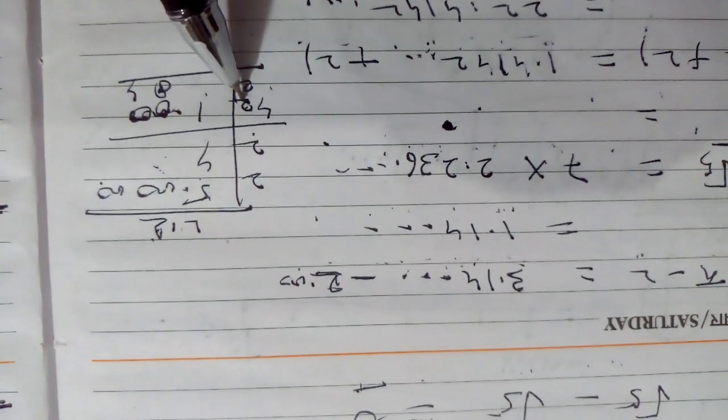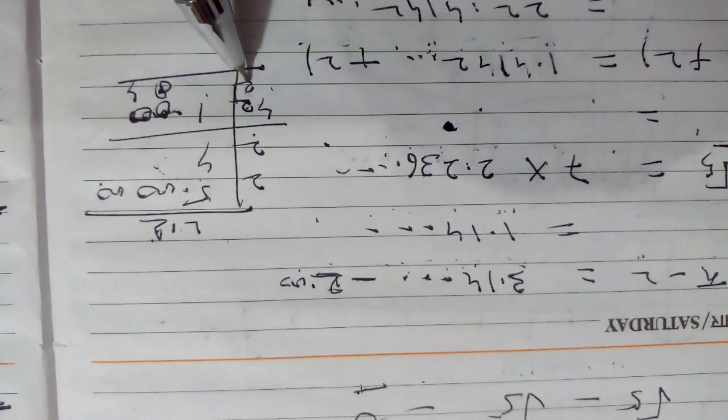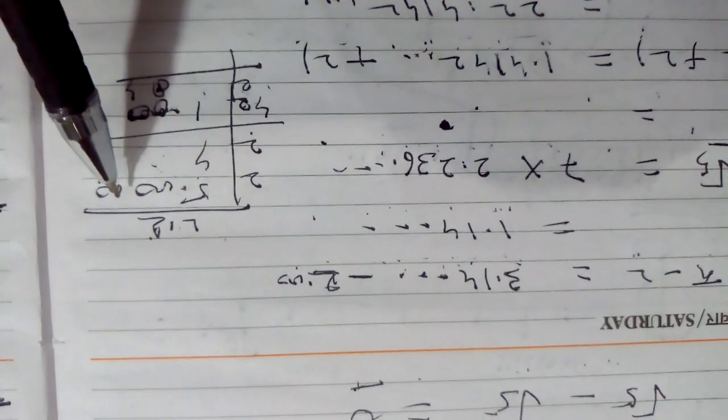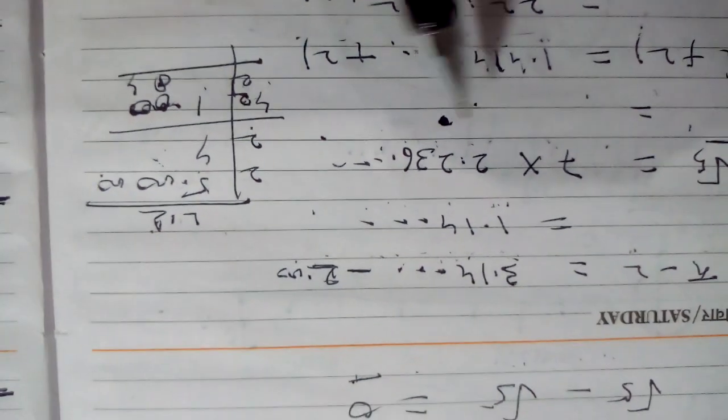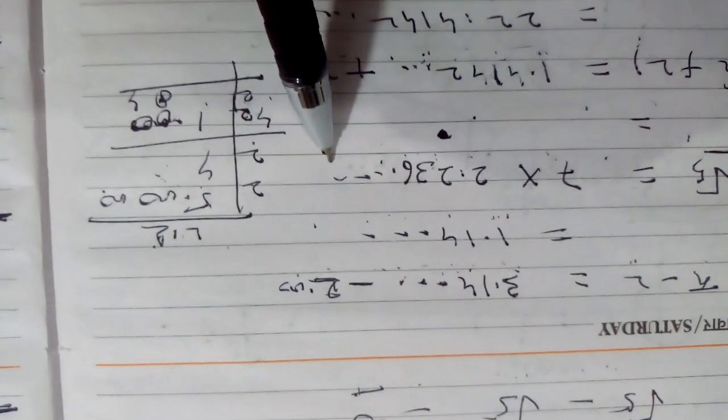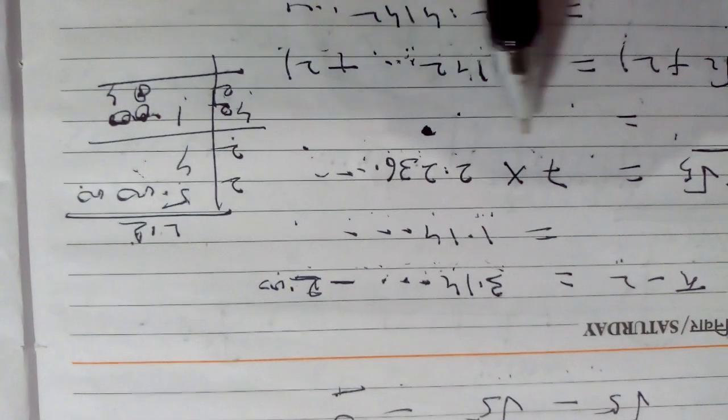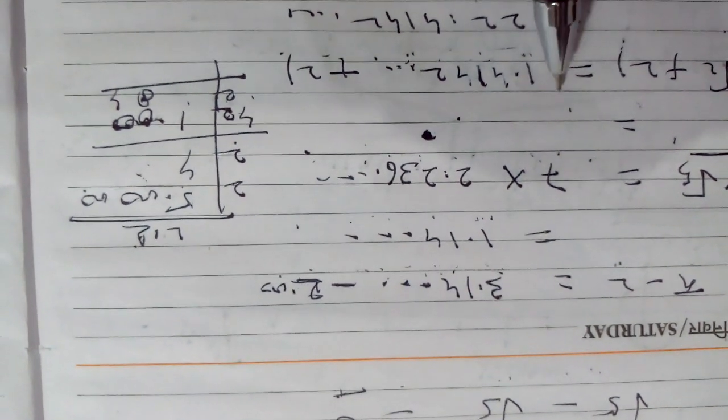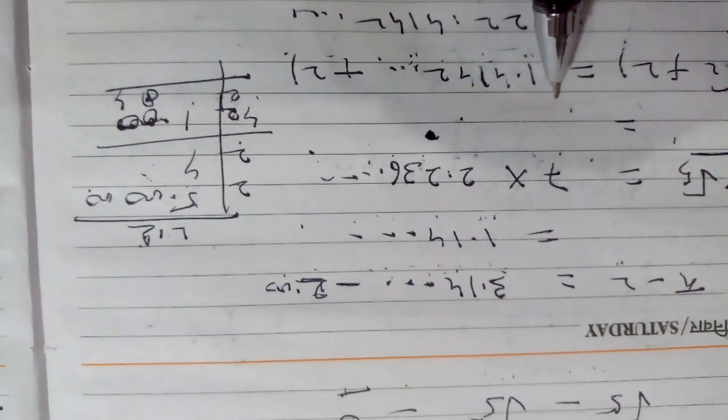So 4 and 2 will be here, 42. 42 times 2 is 84. You are getting 2.2, and like this you will get 3, 6 and so on. So it is an irrational number, multiplied by 7, your result will be again irrational.